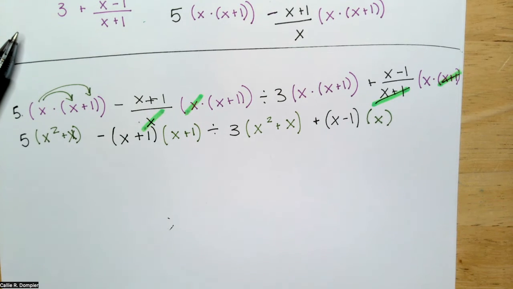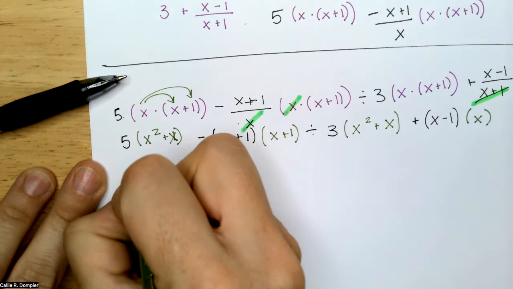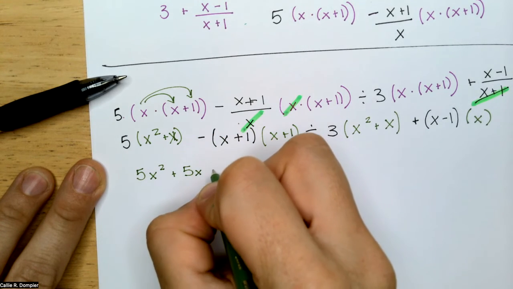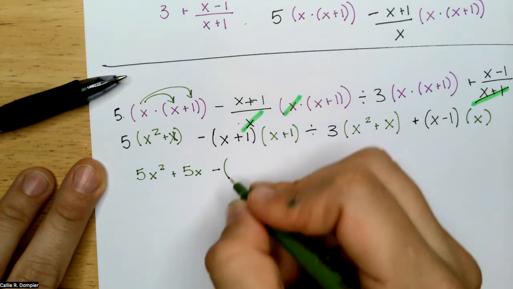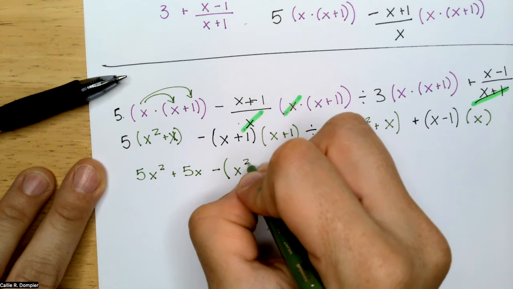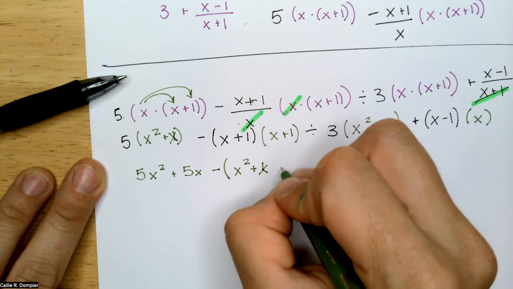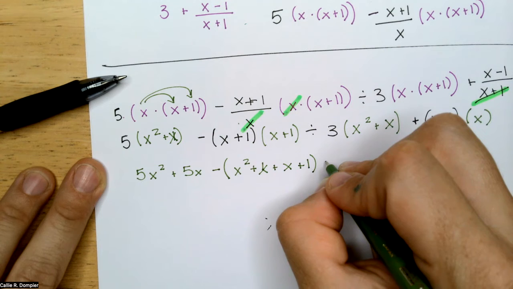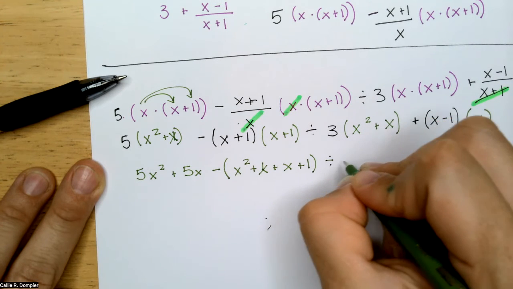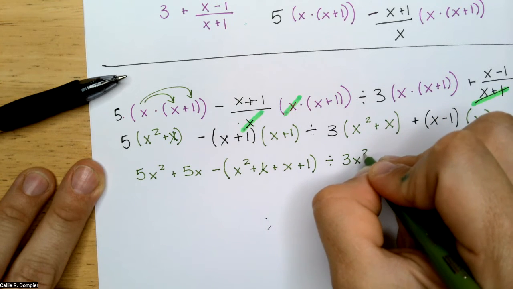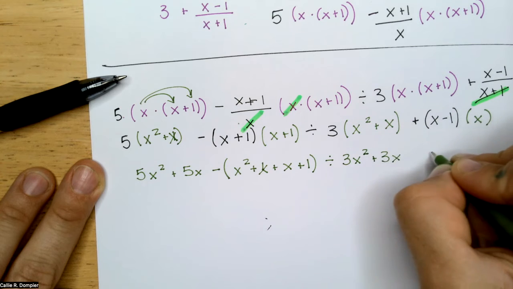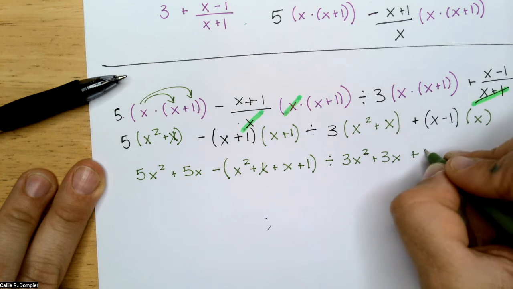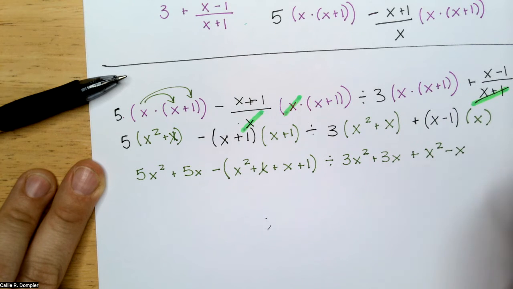Okay, so rewritten, 5x squared plus 5x minus, putting parentheses around it because I have to subtract all of that, x squared plus x plus x plus 1, divided by 3x squared plus 3x plus, not putting parentheses around it because it's an addition, so I don't have to distribute anything, x squared minus x.